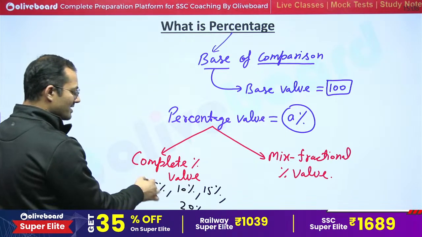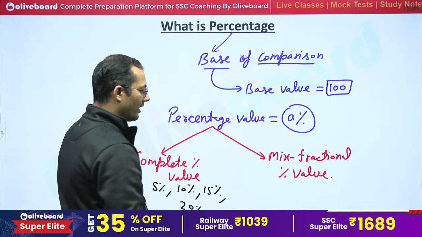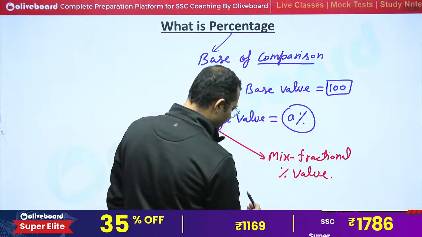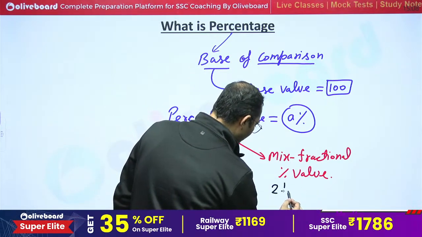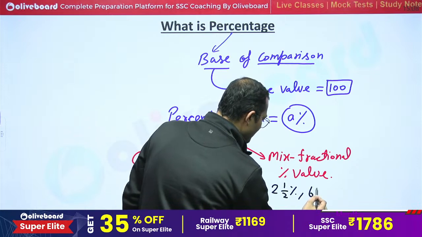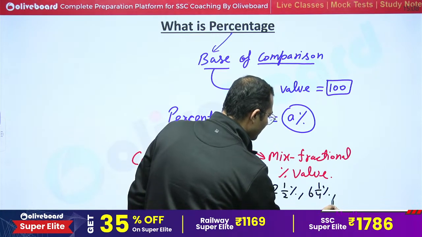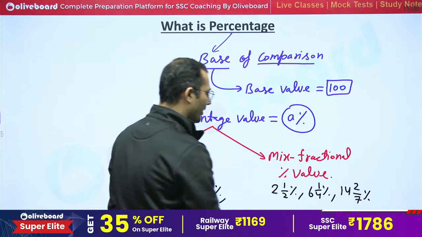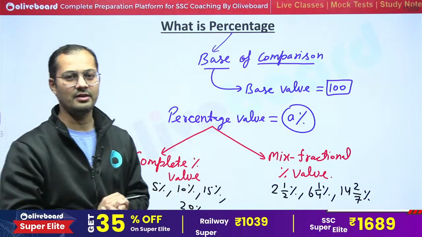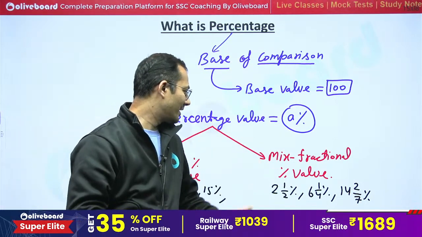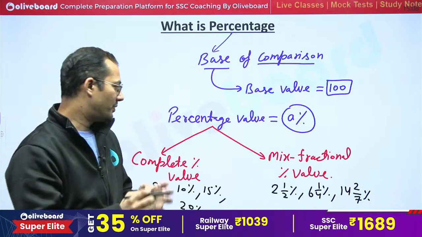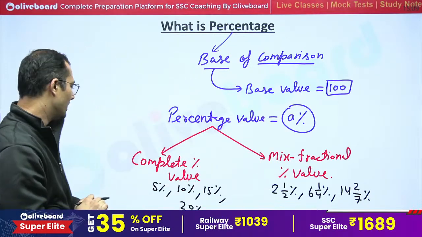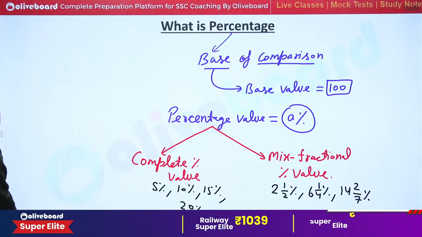When we study mixed fractional values, these are like 2 whole 1 upon 2%, 6 whole 1 upon 4%, 14 whole 2 upon 7%. These values are known as mixed fractional values. To understand the percentage values, we first have to understand what is mixed fraction.